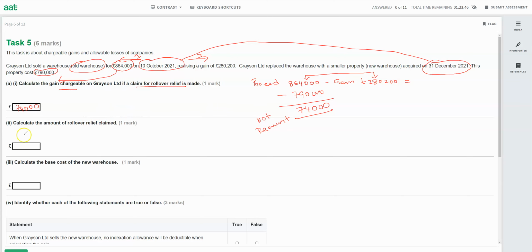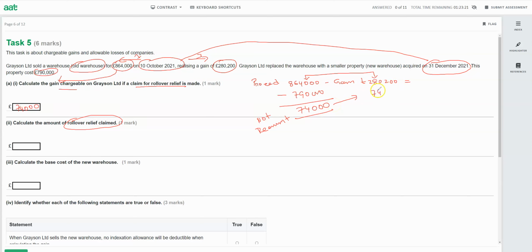The next question here is, calculate the amount of rollover relief claim. So how much will be rolled over? How much of the gain will be deferred? So total gain was 280,200, and from that, 74,000 I'm going to pay right now, the chargeable gain.